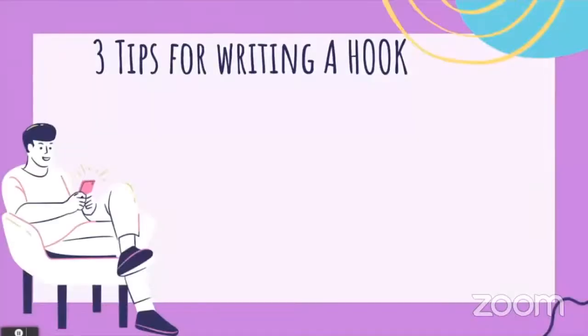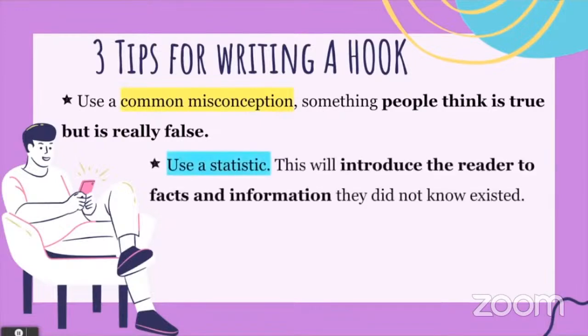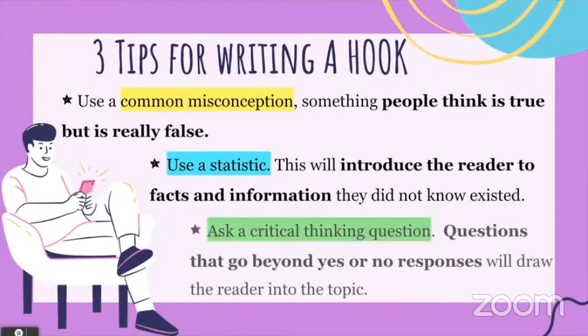Here are 3 tips for writing a hook, because that's really important. It's going to grab your reader from the beginning. You can use a common misconception, something people think is true, but is really false. You can use a statistic. This will introduce the reader to facts and information they did not know existed. Or you can ask a critical thinking question.